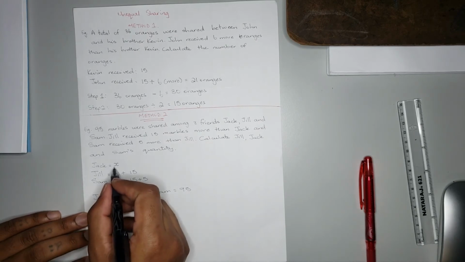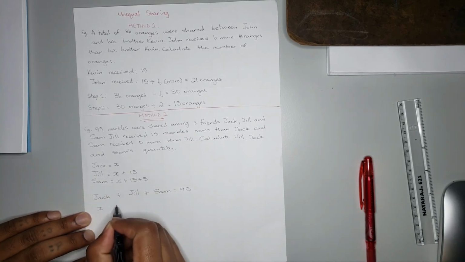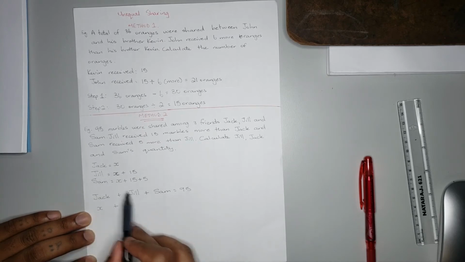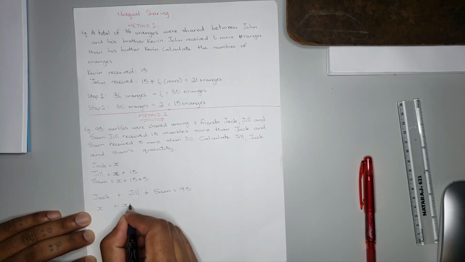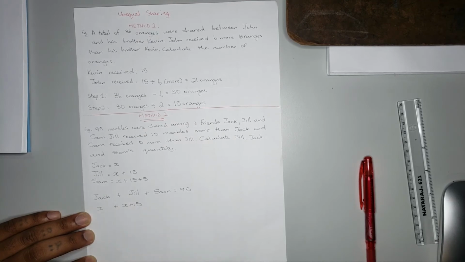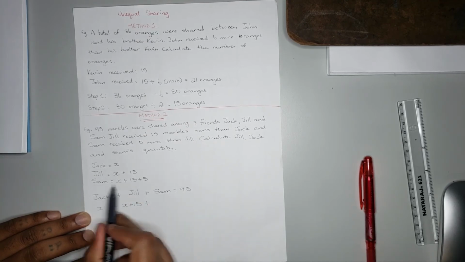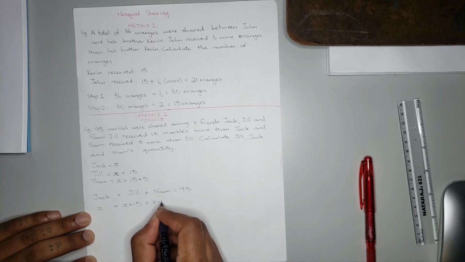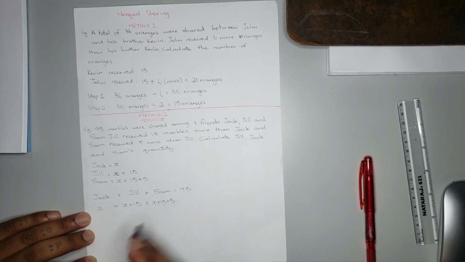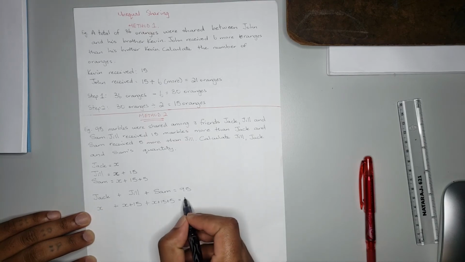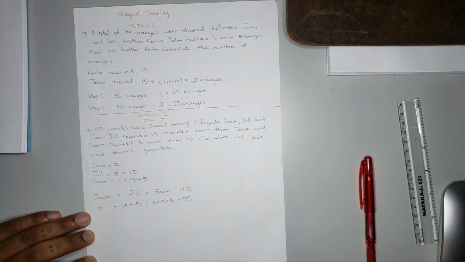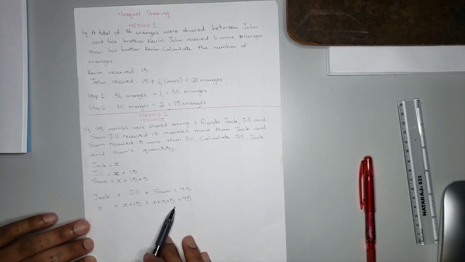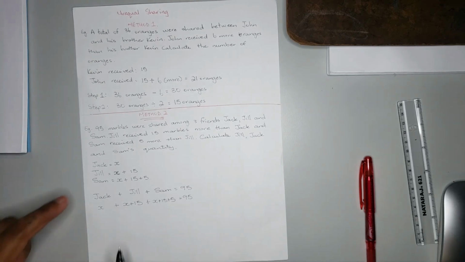So Jack's amount was represented by x, Jill's amount by x plus 15, and Sam's amount by x plus 15 plus 5, which is Jill's amount plus the 5 extra. When you add them, the total marbles you're supposed to get was 95. In a case like this, we will add all the like terms.